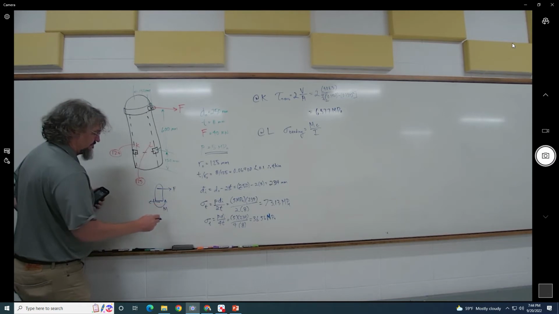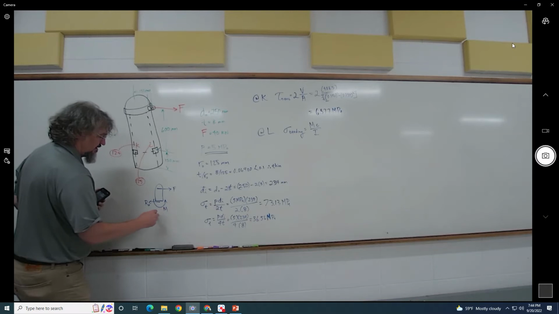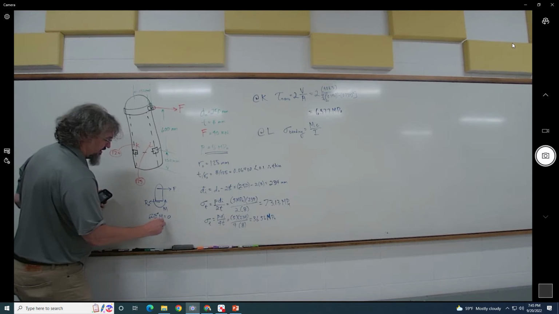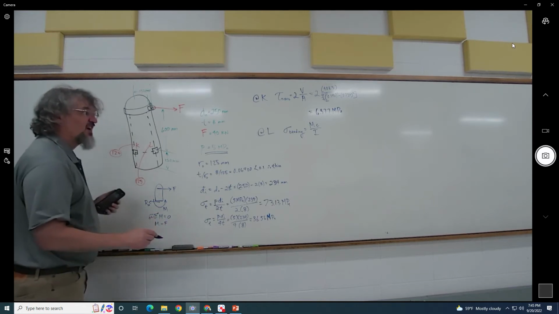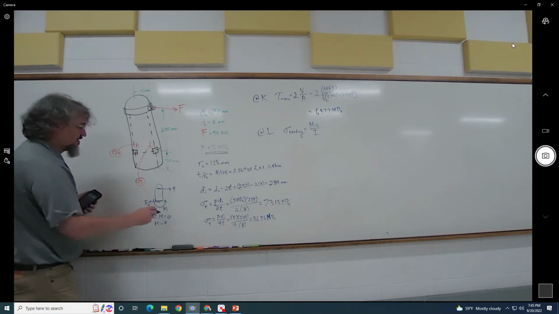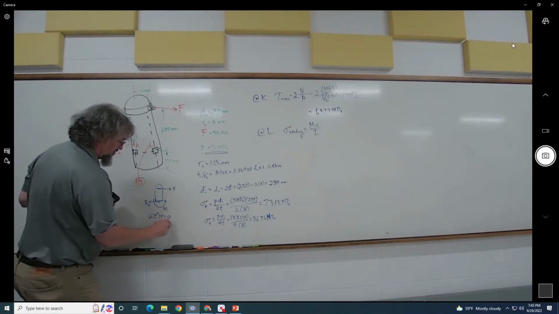So here's your M, here's your R. Summation of moments: the reaction moment is going to be that F times the height, which is the 600 right here, so 0.6.